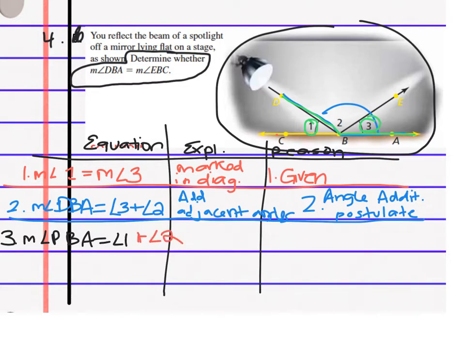So what did I do right there? I substituted angle 3 with angle 1 because up here in this line they're equal. So that was substitution, and that's your substitution property of equality. You know what, I'm going to write that out so you don't think it's subtraction.